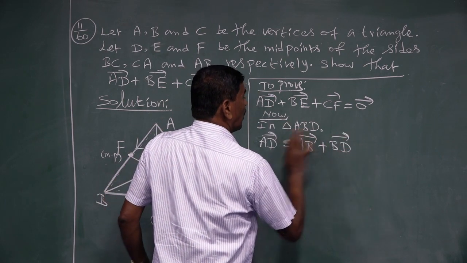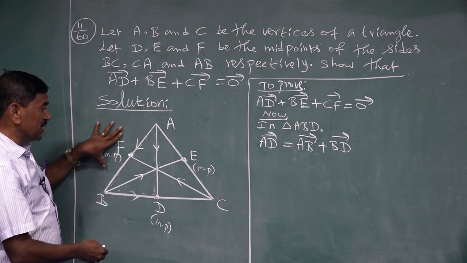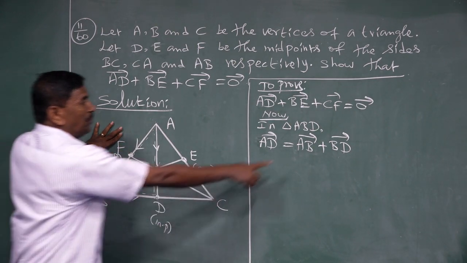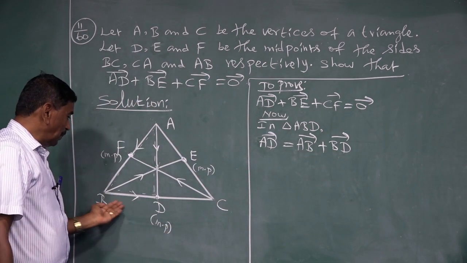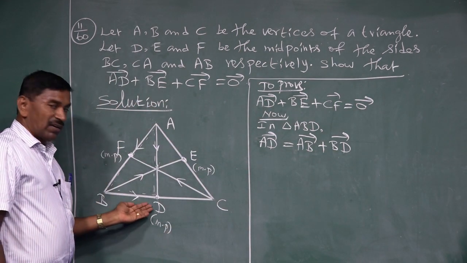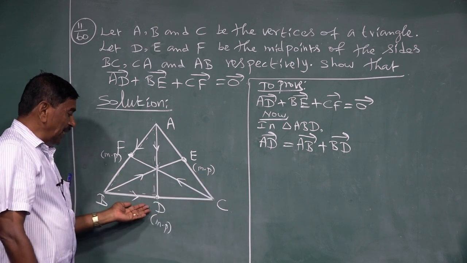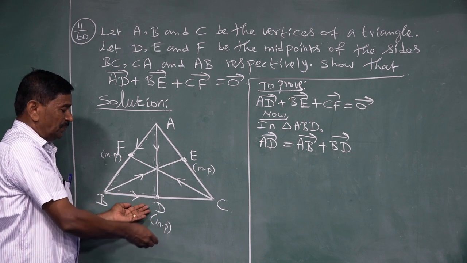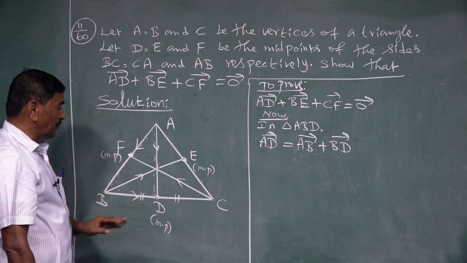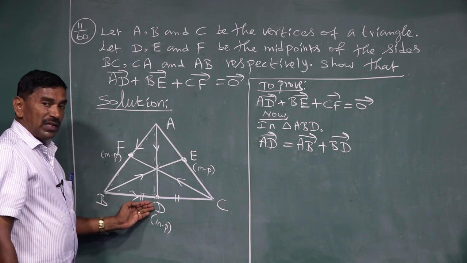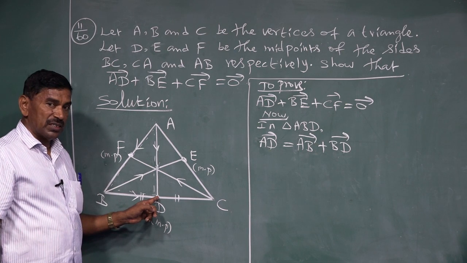Okay. Now, where is AB vector? Listen, AB vector is one side of the triangle. AB vector first term clear. What is BD vector? Yes, BD vector is not the whole side. BD is half of the side BC, where D is a midpoint. Therefore, BD vector is equal to half of BC vector, because D is a midpoint.